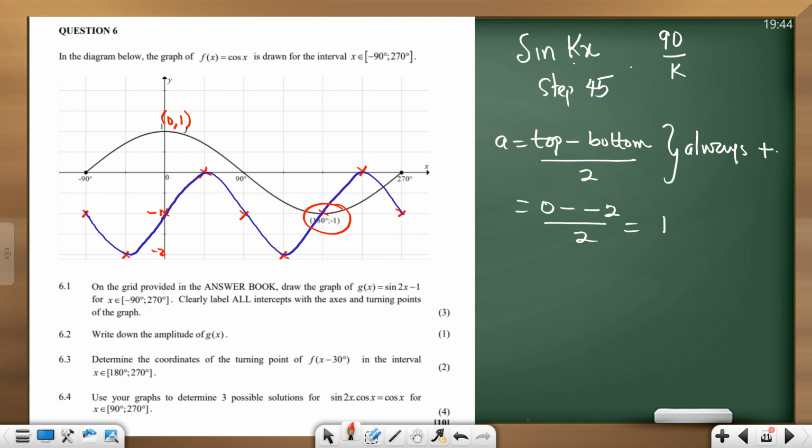So it's 180 plus 30 because we are shifting to the right. Does that make sense to you? What's your answer? 210 degrees. The coordinate is 1. Sorry, negative 1, because it's at the bottom.